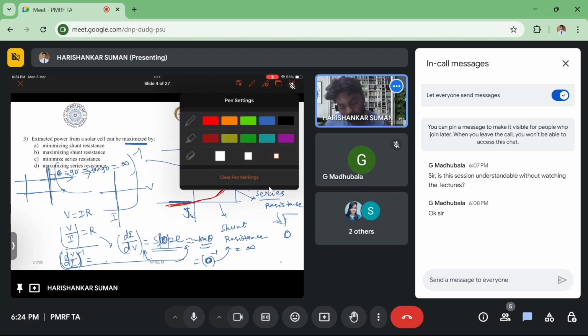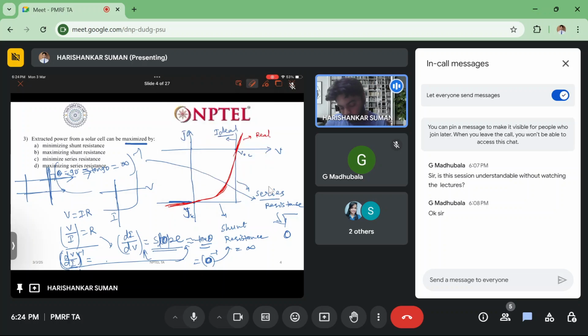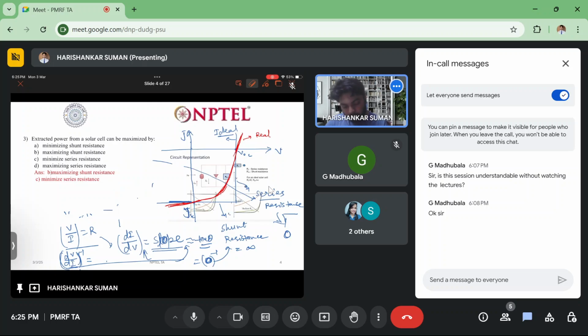So what is the question? You want maximum power. So for maximum power, in the ideal case series resistance should be 0 and shunt resistance should be infinite.